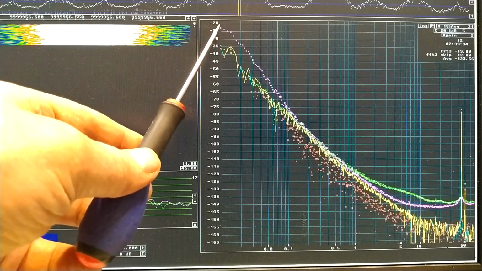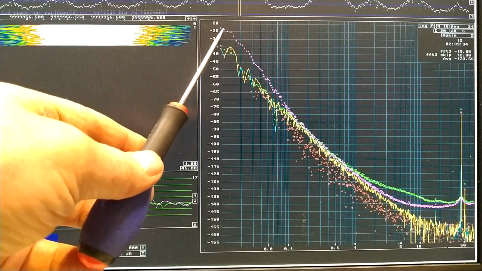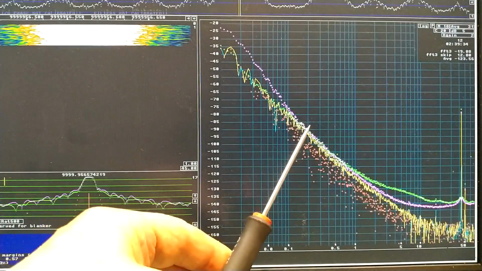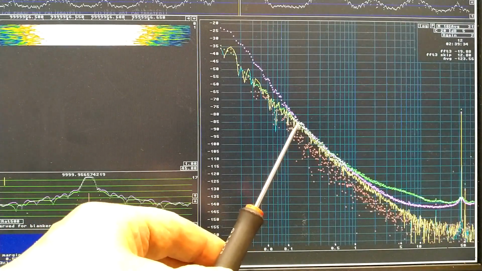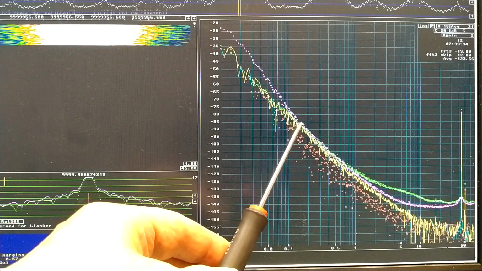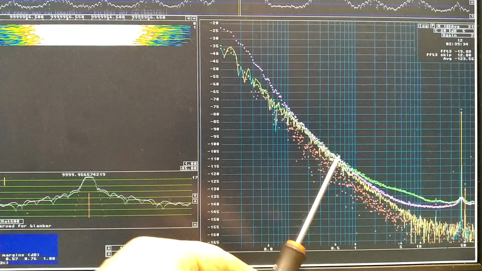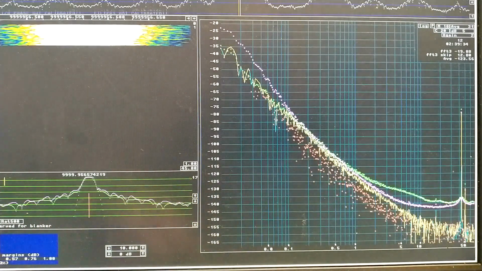So it's more than 10 decibels excess noise here. And there is a corner frequency at about 0.15 Hz. Below that they follow each other, the two channels.